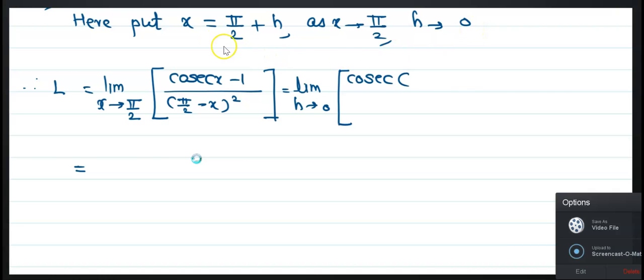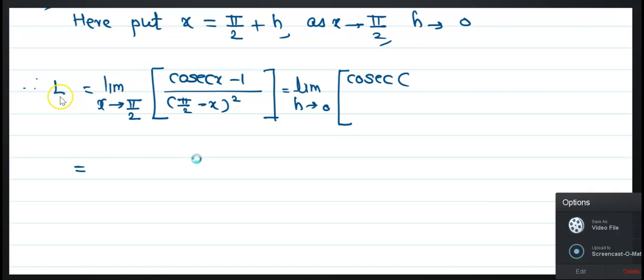Let L be the limit x tends to pi by 2 of (cosec x minus 1) upon (pi by 2 minus x) whole square. The meaning of this is that here x is equal to pi by 2 plus h. Pi by 2 on both sides gets cancelled. It means h is equal to 0, and that's why we say that h tends to 0.